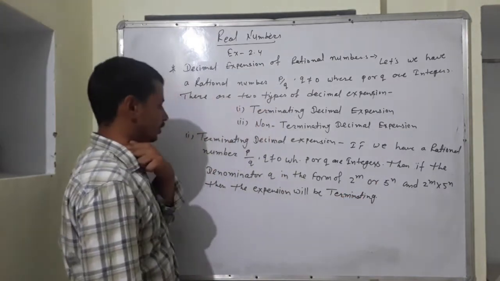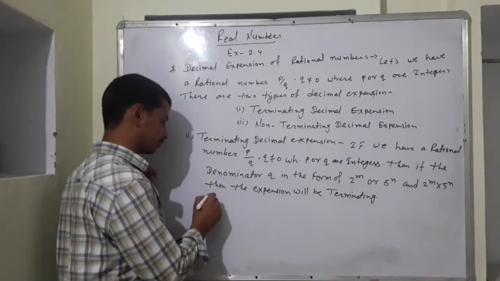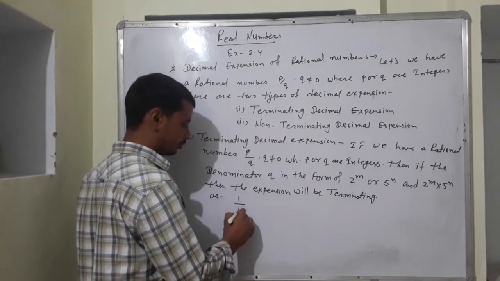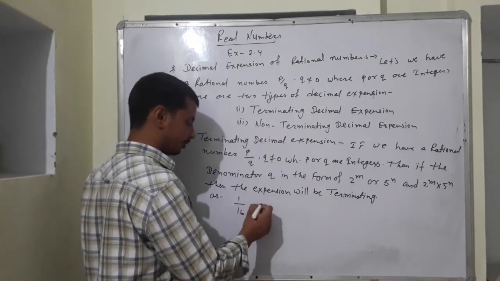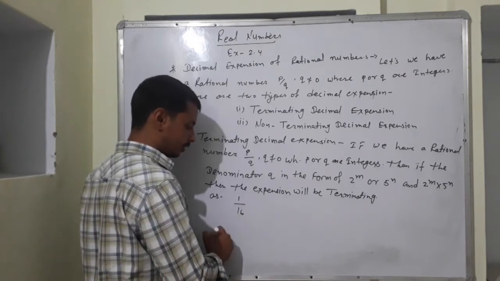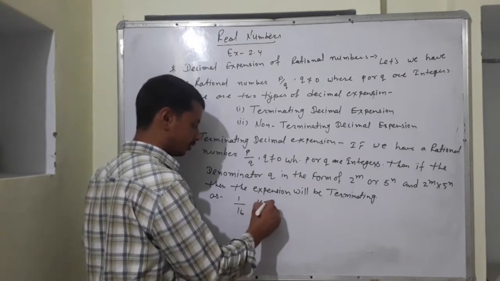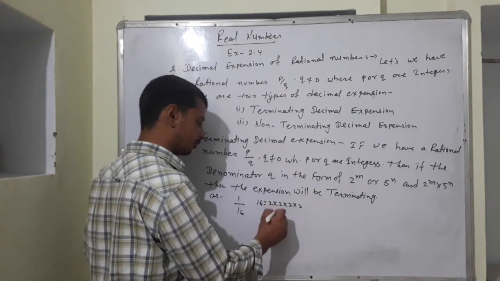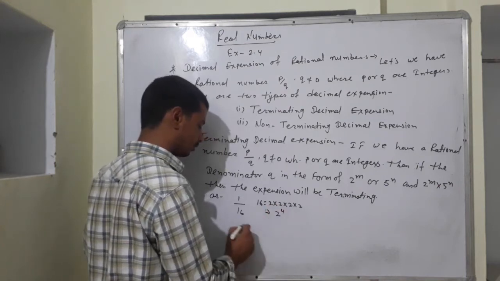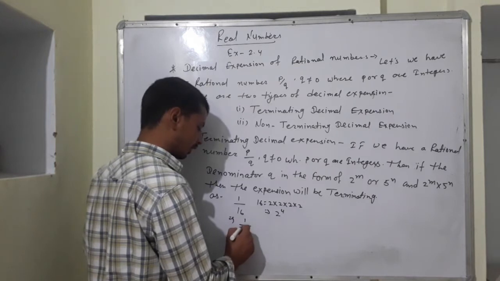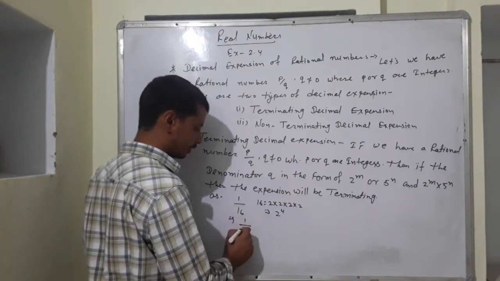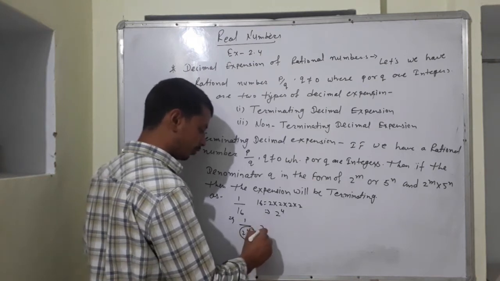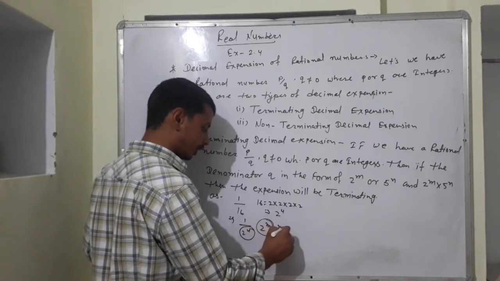Okay, for example, 1 upon 16. So the prime factorization of 16 will be 2 multiply 2 multiply 2 multiply 2. So we can write in the form of 2 power 4, and the value of 1 upon 16 will be 1 upon 2 power 4, and the denominator is in the form of 2 power m, and the value of m equal 4.